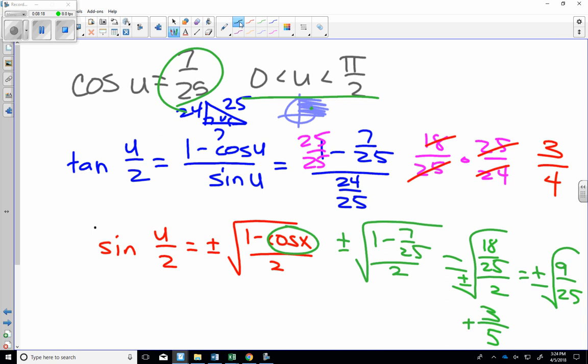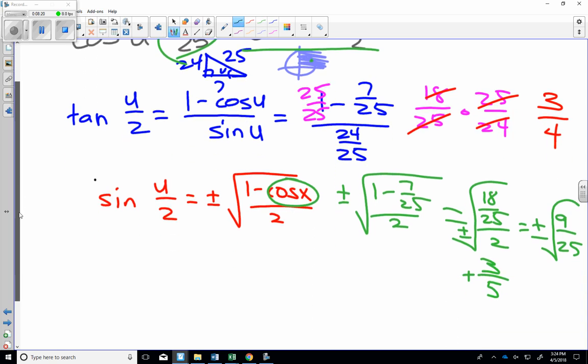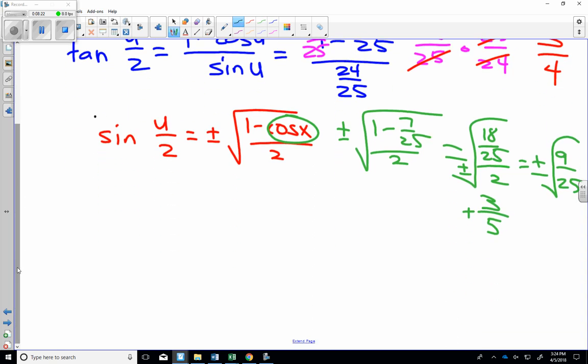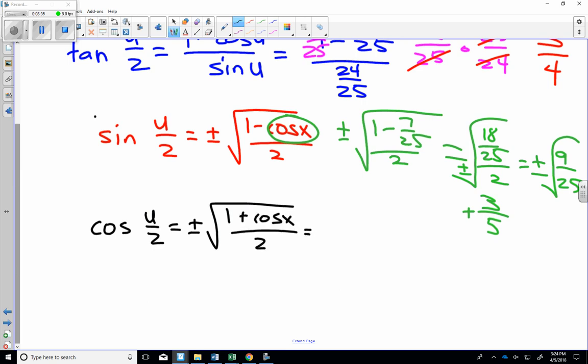And hopefully you know that cosine is 4/5 at this point, because it's a 3, 4, 5 triangle. But let's go through it. Cosine of u over 2 is equal to plus and minus square root of 1 plus cosine of x over 2. And that would be plus and minus square root of 1 plus 7 over 25 divided by 2.